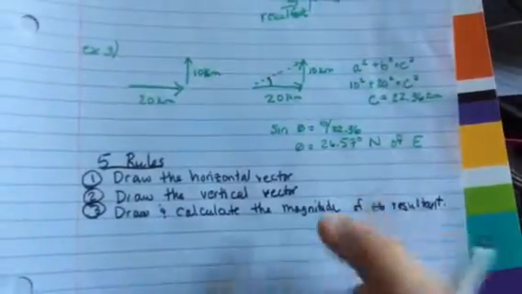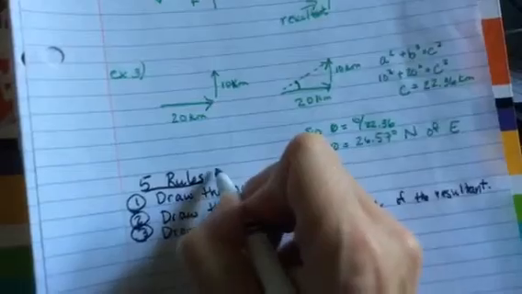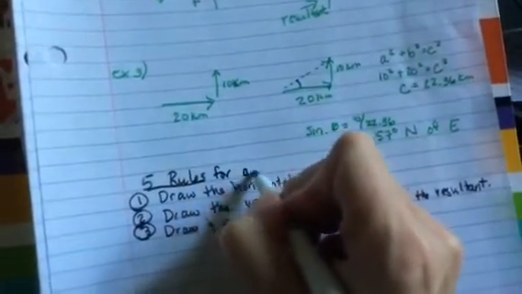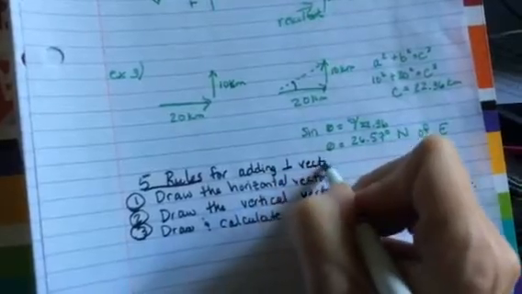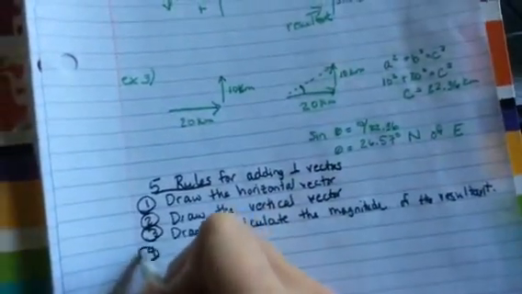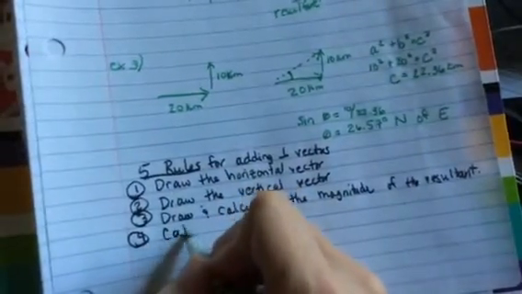So there's your a squared plus b squared equals c squared. By the way, I should put up here that these are 5 rules for adding perpendicular vectors.